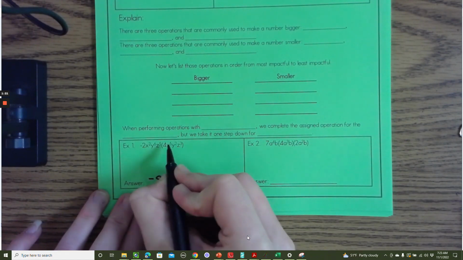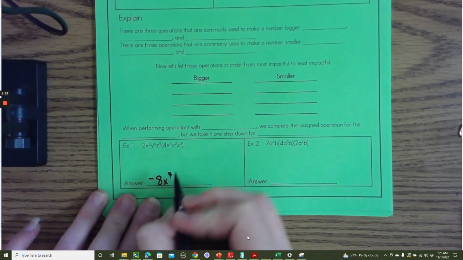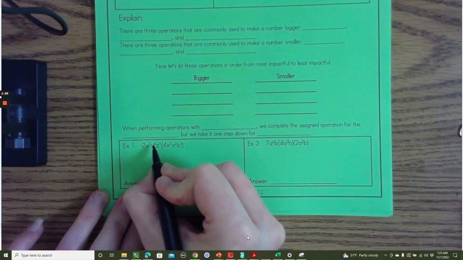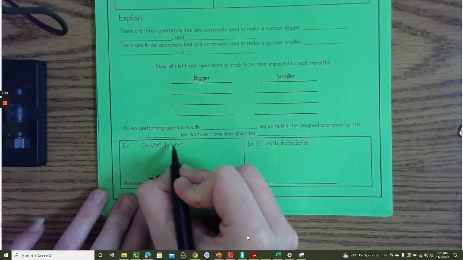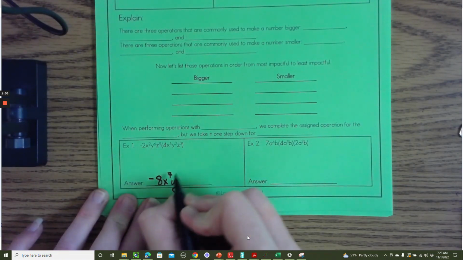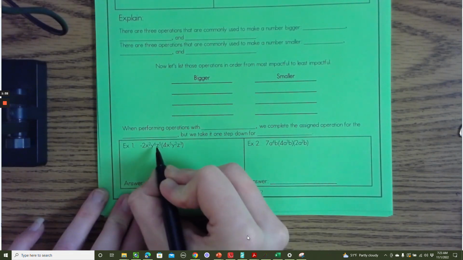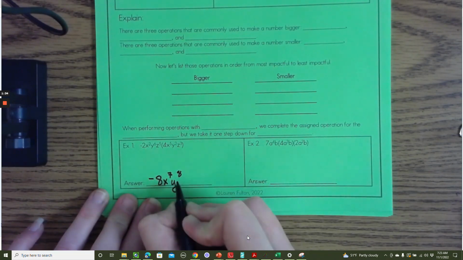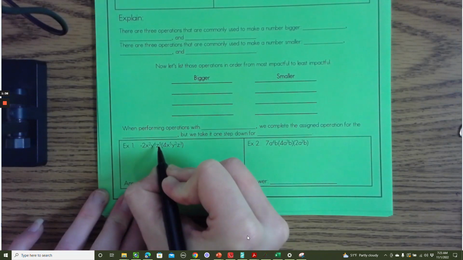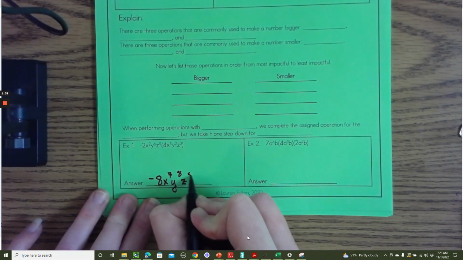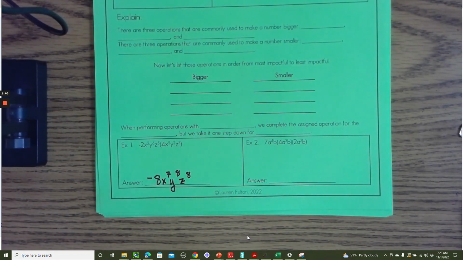We just add them, 2 plus 5. Our next variable is a y. So y to the 6th, y to the 2nd, 6 plus 2 would give me an 8. And then z to the 5th, z to the 3rd, 5 plus 3 is 8. And it's just simplifying that expression down, okay?